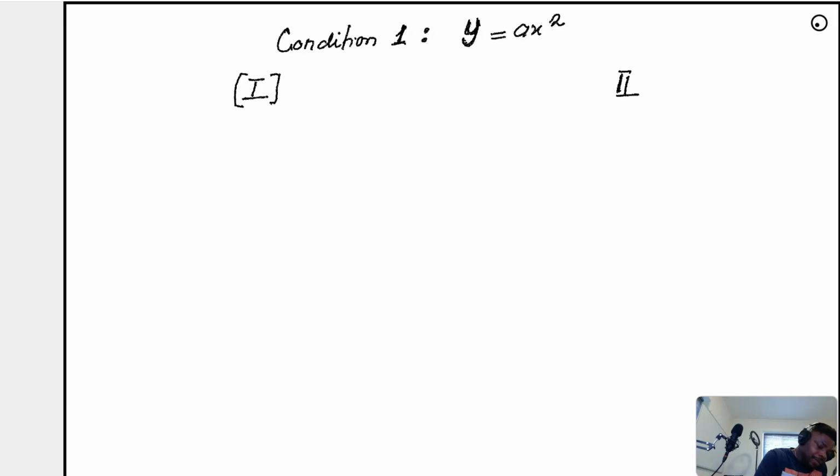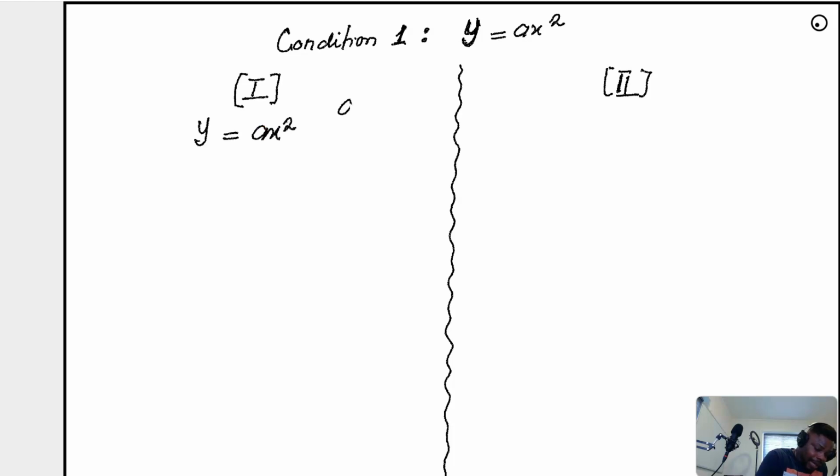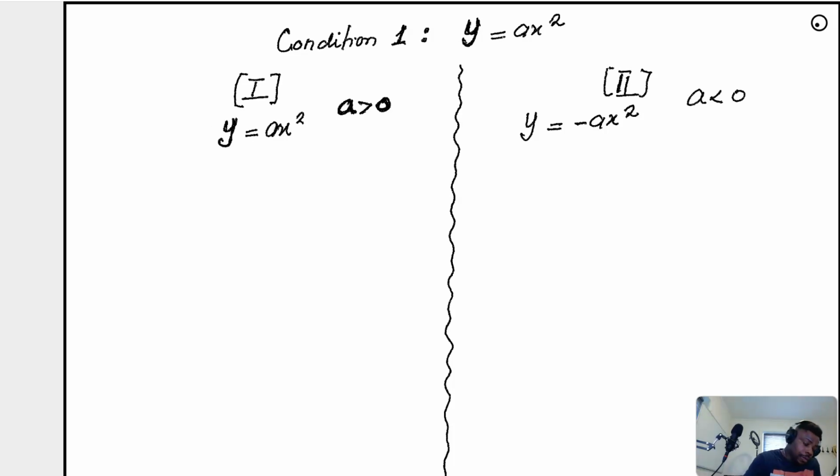The first one is that y can be ax squared, that means a here is greater than 0. The second is that y can be minus ax squared, that means a here is less than 0.